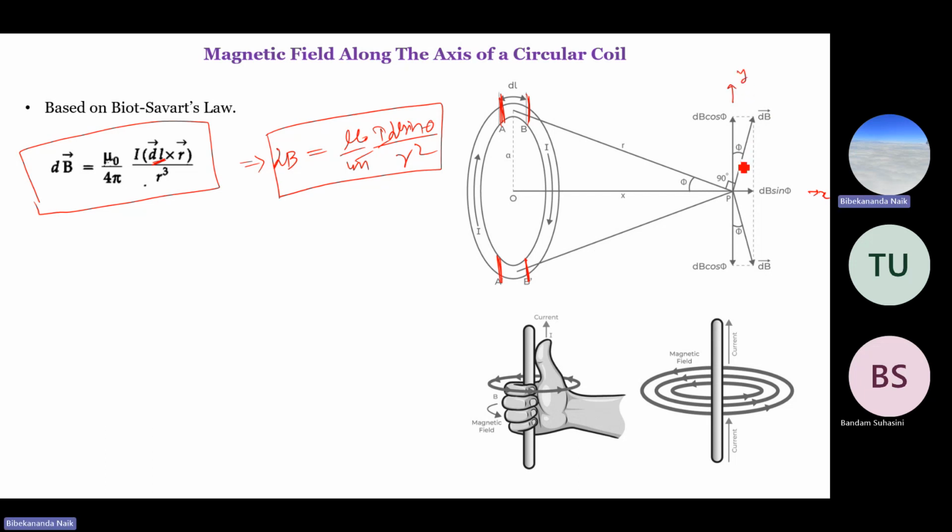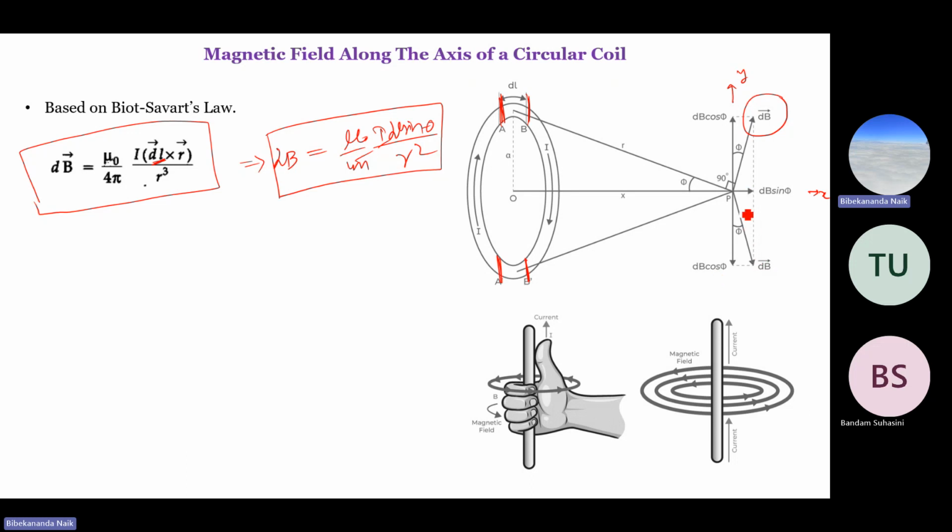Suppose this is the angle phi which it makes with the central axis and the point that connects the small portion of the coil we have considered. This is the resultant magnetic field due to this element dl. When you resolve it into x and y components, it will be dB sin phi and dB cos phi. Similarly for the other element there will also be dB cos phi and dB sin phi.